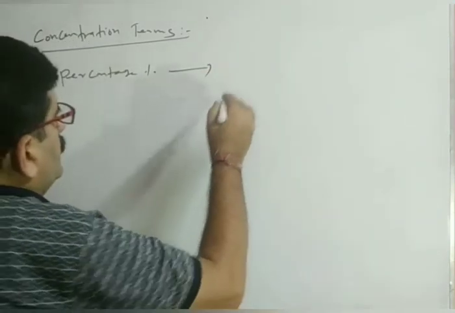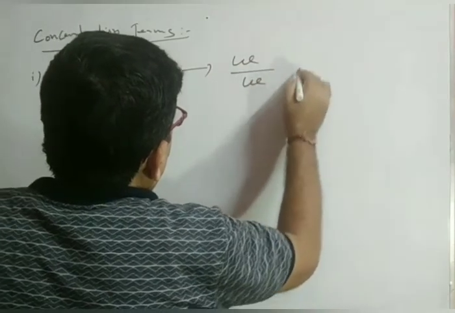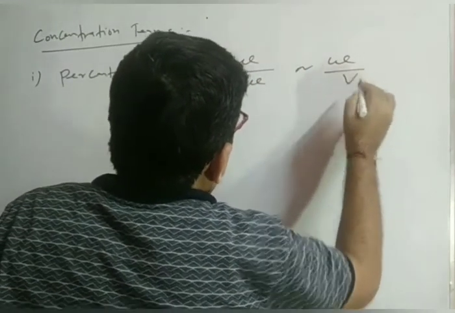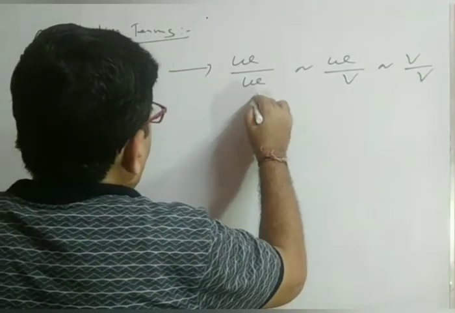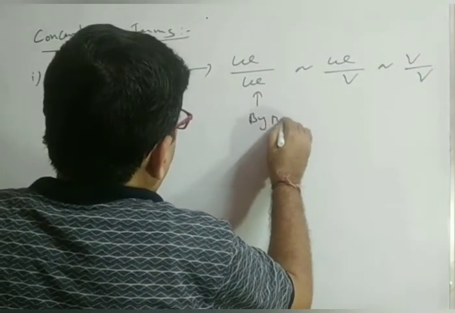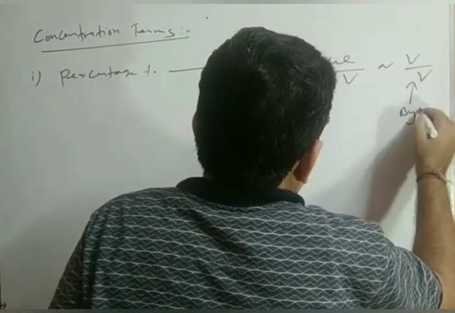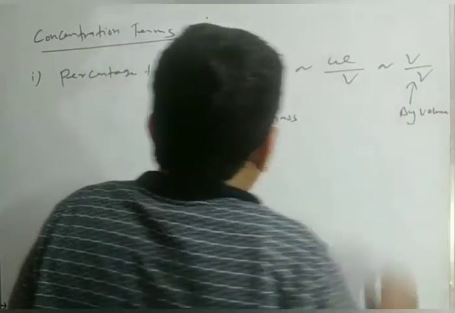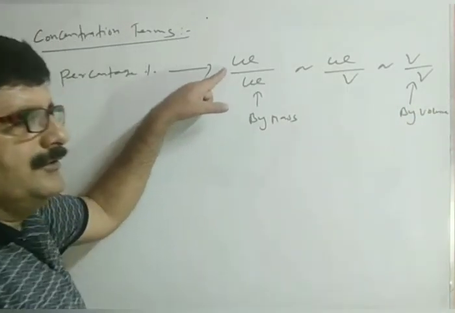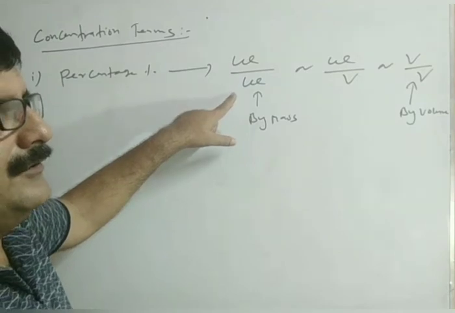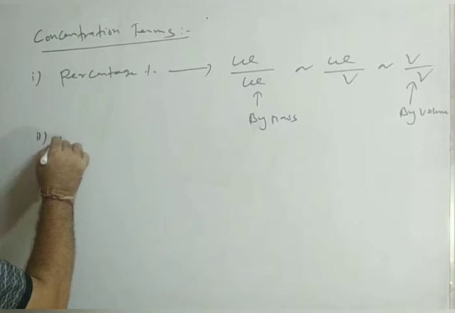Percentage can be written in terms of W by W, or you can write W by V, or you can write V by V. It is said to be by mass, it is said to be by volume. The upper part is called what? Solute, and the lower part is called what? Solution.